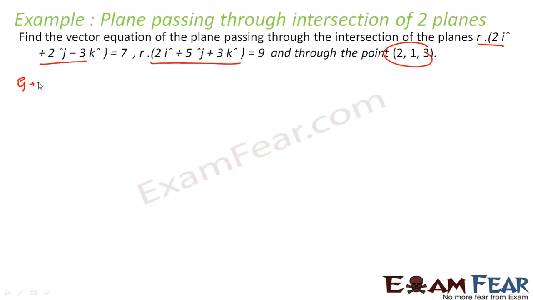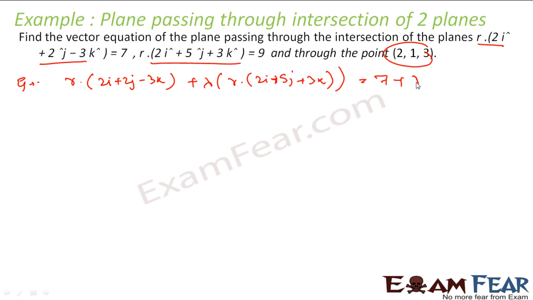Same thing here, we'll say the equation is nothing but add these two: r dot (2i plus 2j minus 3k) plus lambda into r dot (2i plus 5j plus 3k) is equal to 7 plus lambda into 9. You multiply this guy with lambda, and you add. That's all I have done. This is called lambda 9.